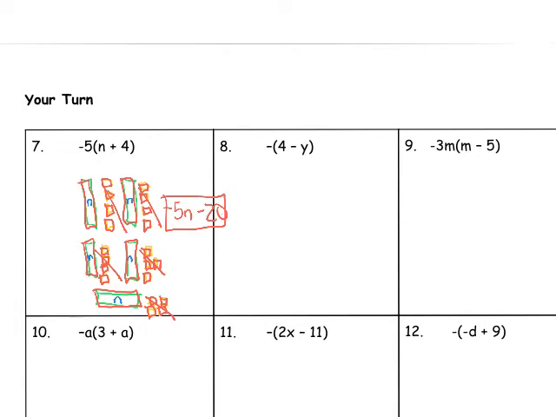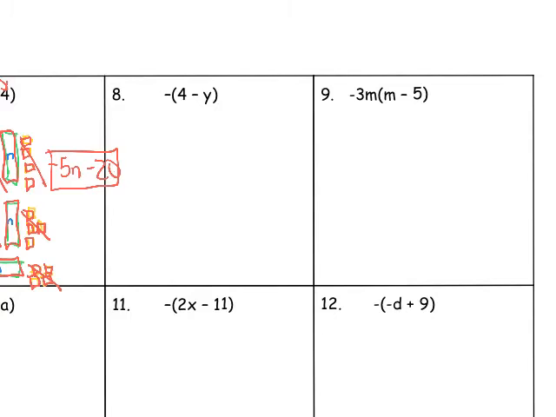Okay, let's look at that just numerically. I have negative 5 times n is negative 5n, and negative 5 times positive 4 is negative 20. All right, at this point, I want to encourage you to pause the video. You try them on your own, then come back and unpause the video, and I can do them with you. You can check your answers.